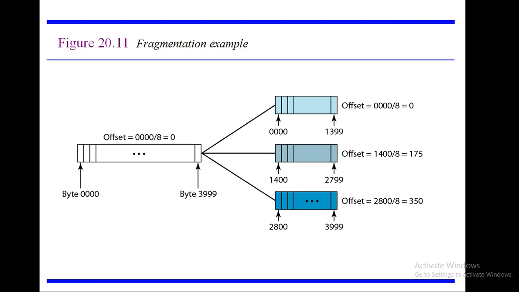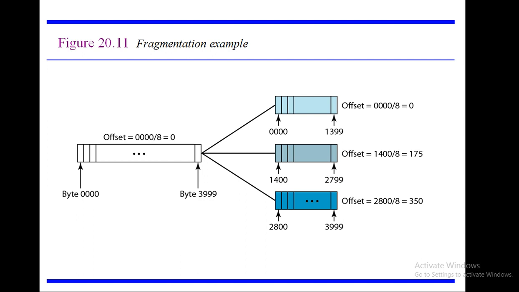So 4000 bytes cannot be transmitted by the underlying network, so it has to be fragmented. So let us say that it has been fragmented into 3 fragments. That's why you can see the 3 fragments there. The first fragment is from 0 to 1399. The second one is from 1400 to 2799, and the last one is from 2800 to 3999.